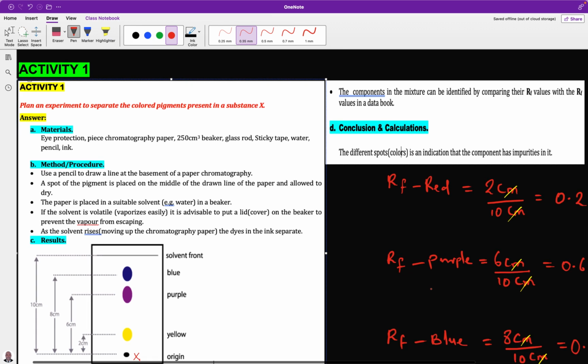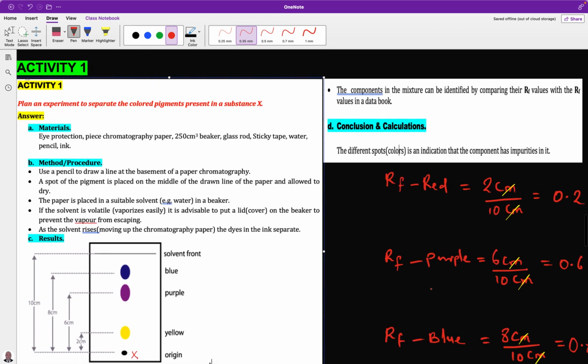Conclusion in your experiment: your conclusion should be that the different spots, the different colors, are an indication that the substance X has impurities in it. If it was only one spot, we would have said the substance X is pure.